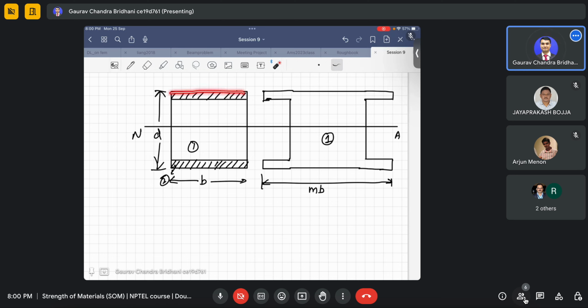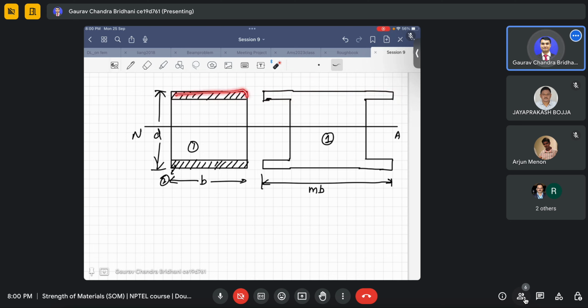The total force in this area due to this material should be equal to the force exerted by material 1. I have material 2 on the left side and material 1 on the right side. The force resisted by material 2 on the left, the shaded side, will be the same as the force resisted by material 1 on the right side, that is all.